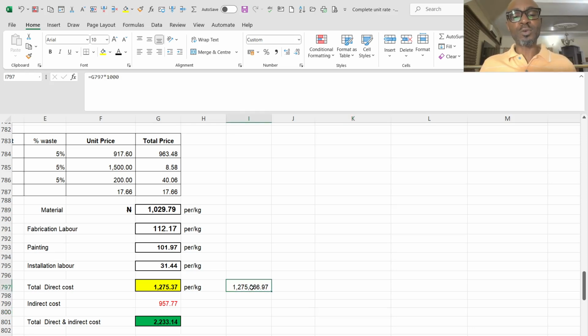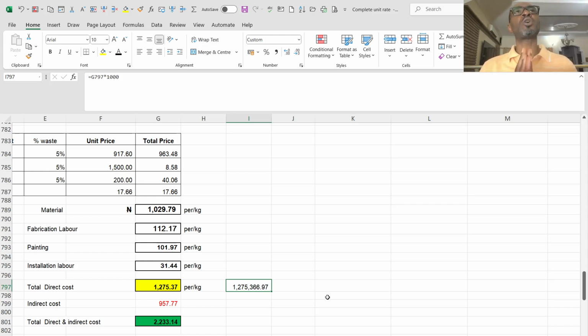If you want to convert it to cost per ton, you should multiply by 1,000, which is 1,275,366 naira 97 kobo. So now what I did for that, I took an extreme position.